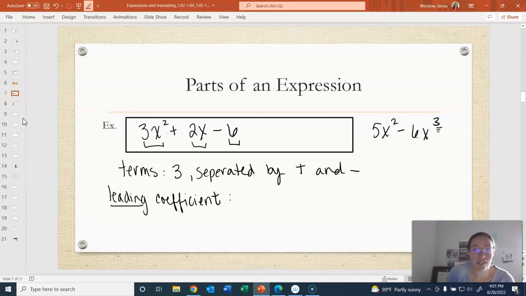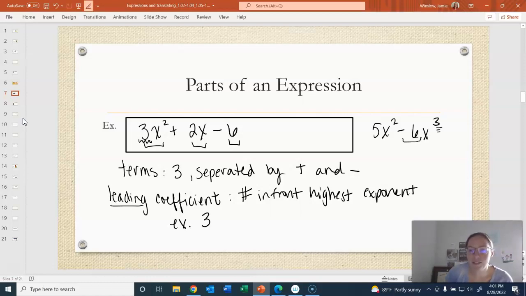See, this is the highest exponent value. That makes this the leading coefficient. So you want to make sure you're grabbing the number in front of the highest exponent value. So in this example, it's 3, the number in front of the highest exponent value.